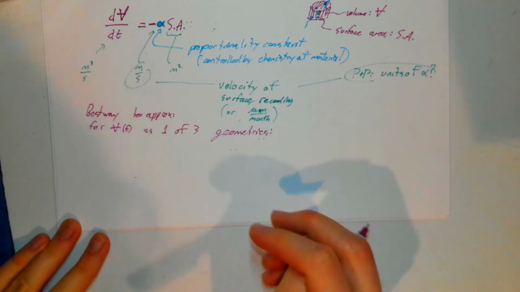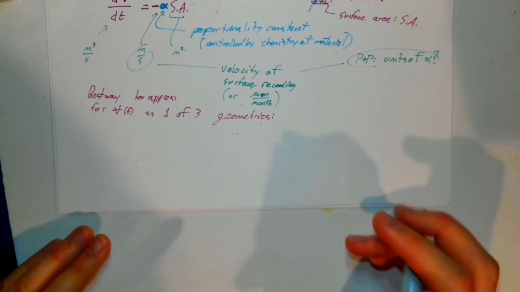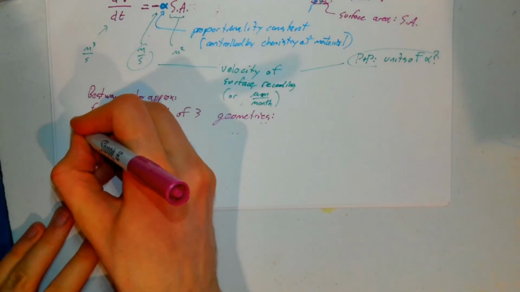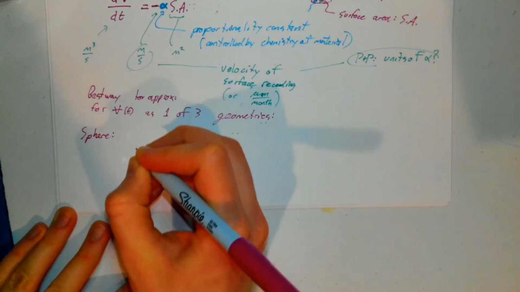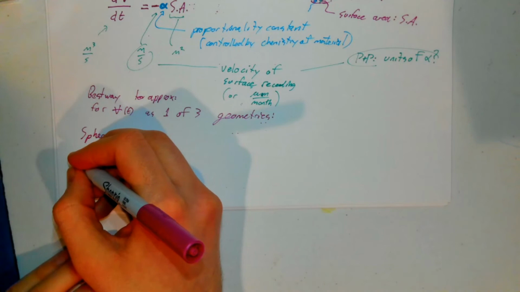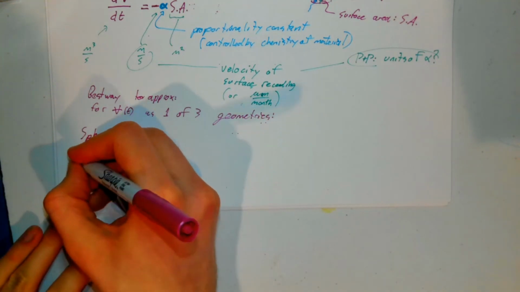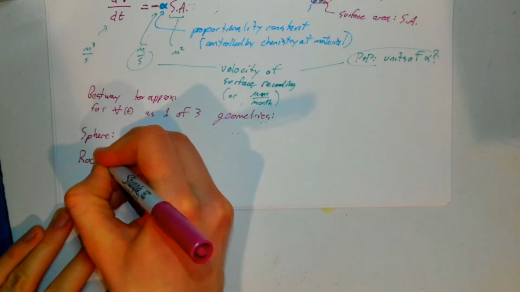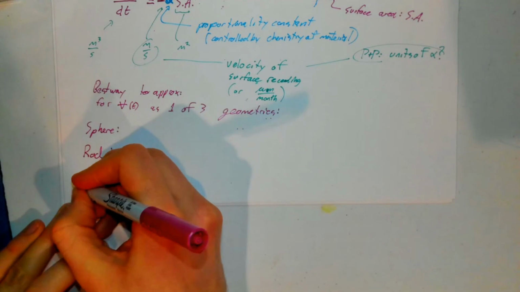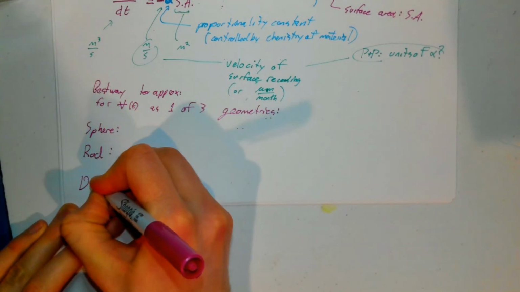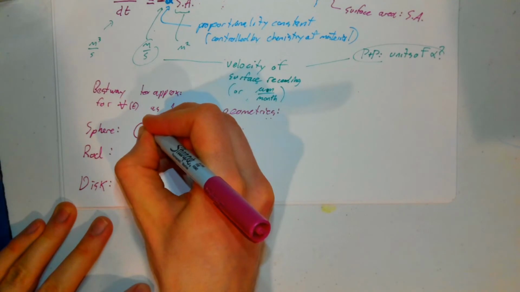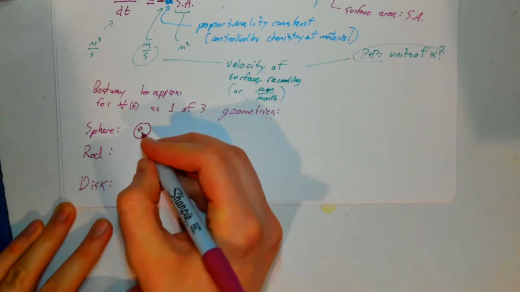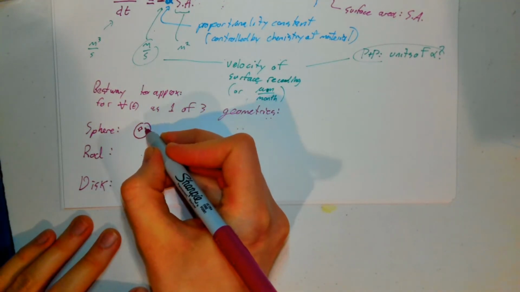So what are the three geometries that we're going to do? We're going to look at a sphere, we're going to look at a rod, and we're going to look at a disk. A sphere, I don't need to draw a sphere for you right here.